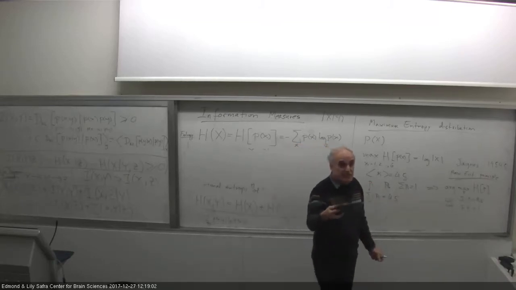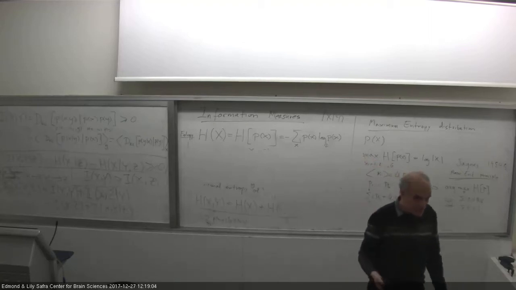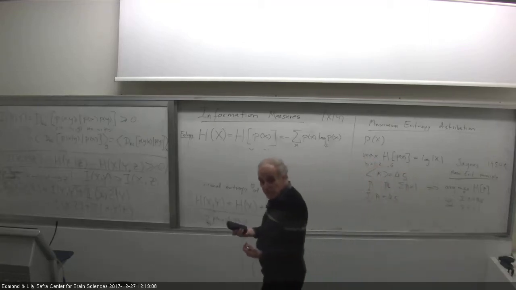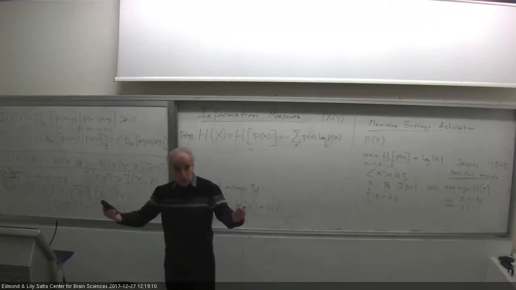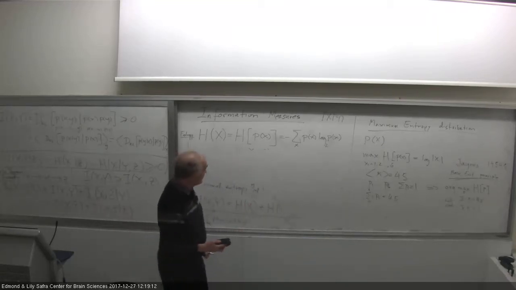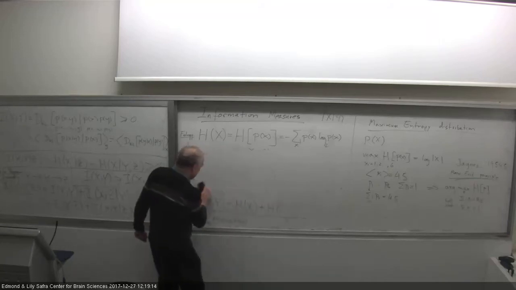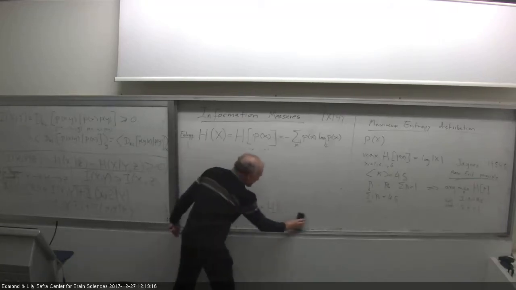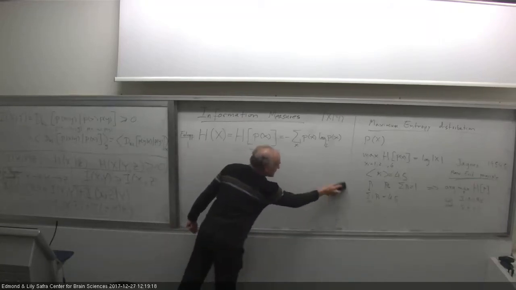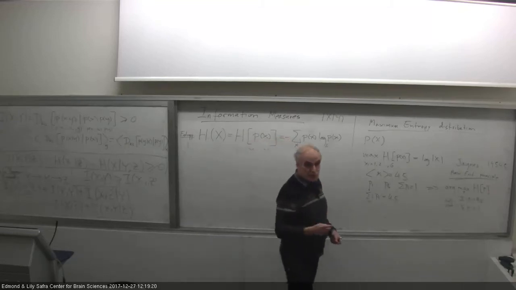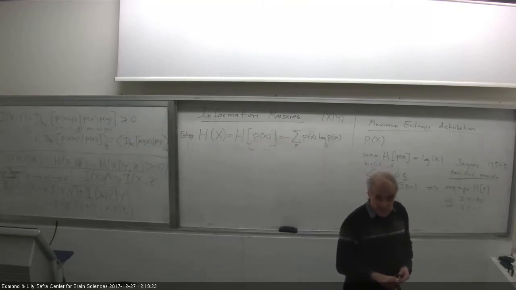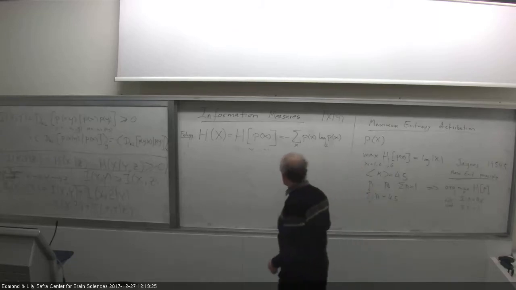If I have enough equations, eventually I'm going to determine my distribution. But in general, I have much fewer equations than variables. So there's a lot of freedom in my choice of distributions. And the maximum entropy principle is telling me, in this case, choose the one with the maximum entropy subject to your constraints.